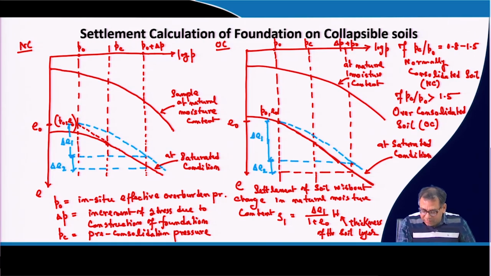So, we will get the E1 value from here. So, that settlement is without change in natural moisture content, so that will be del E1 over 1 plus E0, into H.